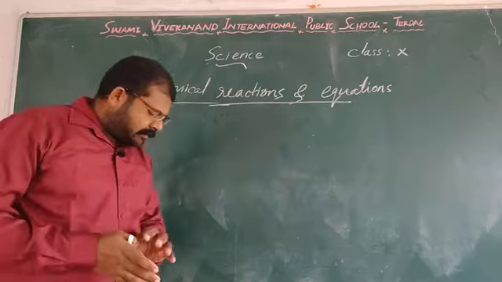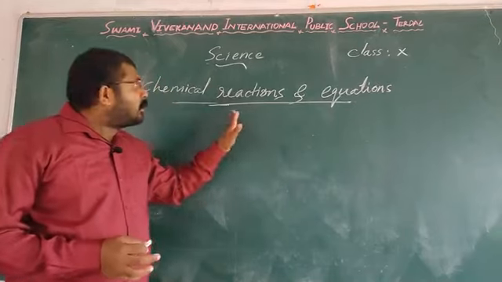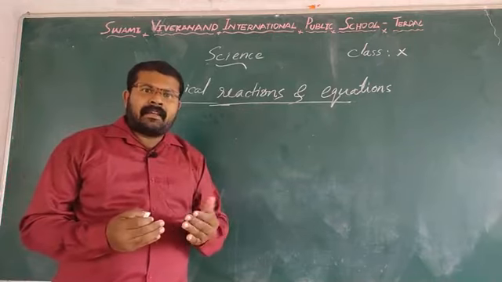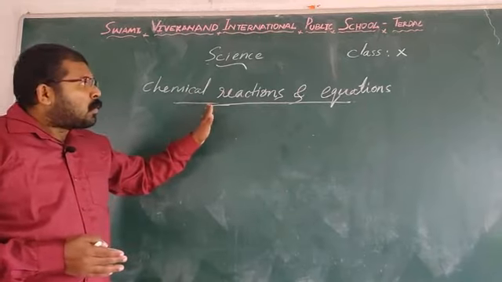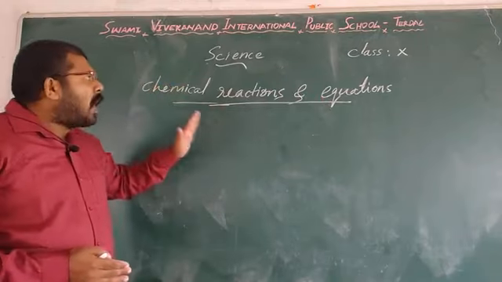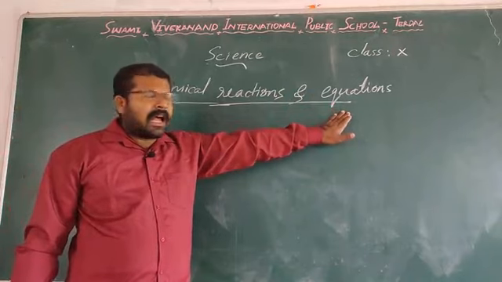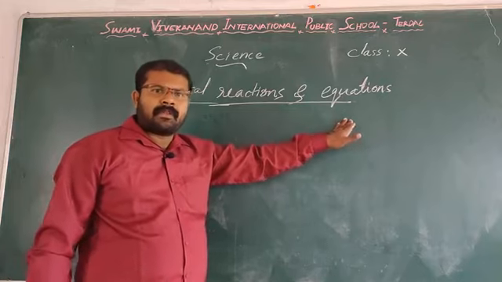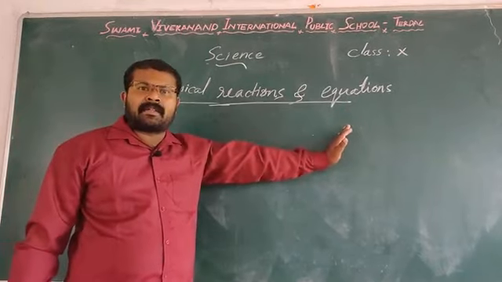In this chapter we are mainly going to discuss what we mean by a chemical reaction, how we can identify a chemical reaction, what we mean by a chemical equation, how we can represent a chemical equation, how we can balance a chemical equation, and also the different types of chemical reactions.